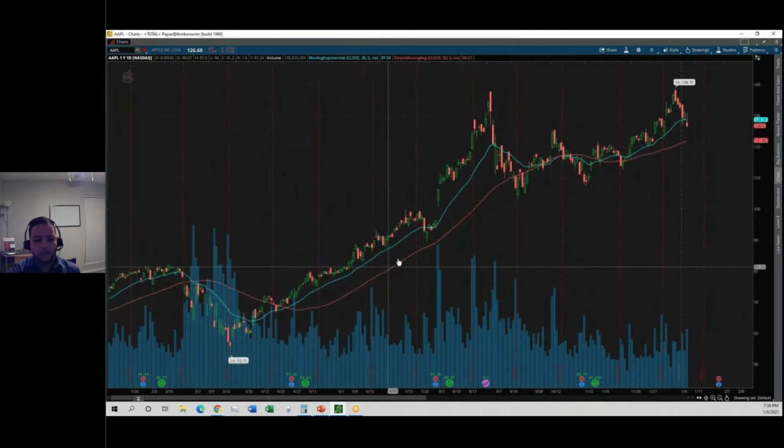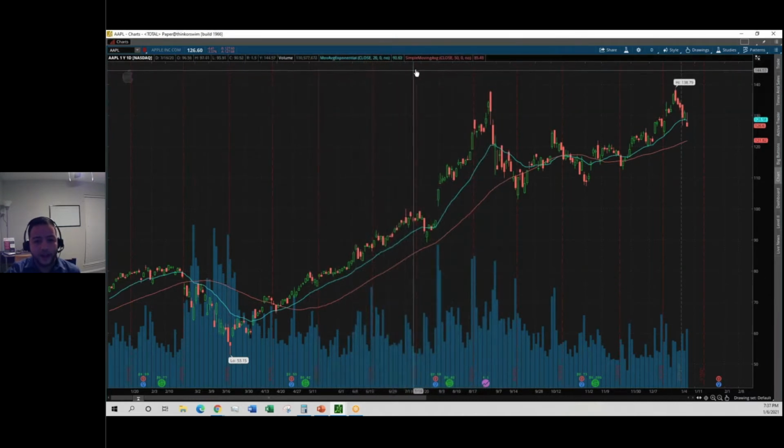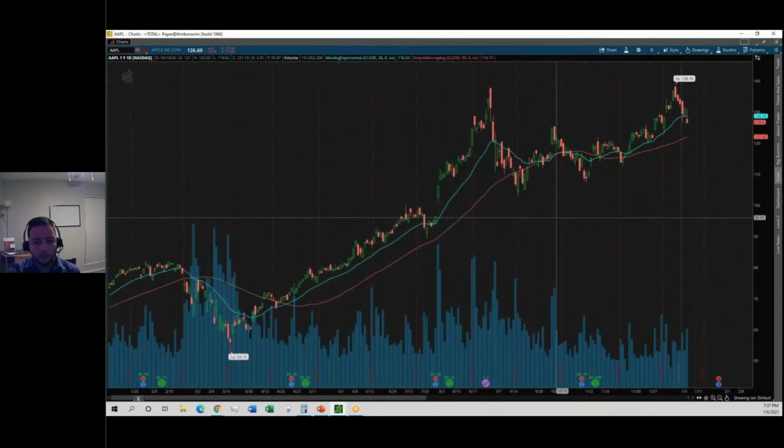This blue line that you see is an exponential moving average of 20 periods, and the red line is a 50 period simple moving average. And we can see that here at the top. It's color coded, so you know what they all mean. And each little bar or candlestick here represents 1 day's worth of activity in the stock.